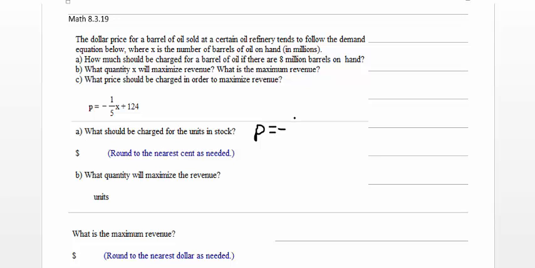we replace X with 8 and we get the price P equals minus 1/5 times 8 plus 124, which equals minus 1.6 plus 124, which equals $122.4.